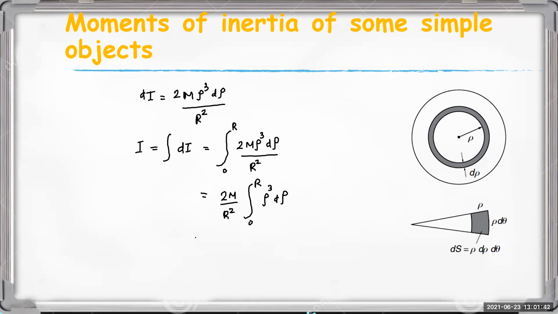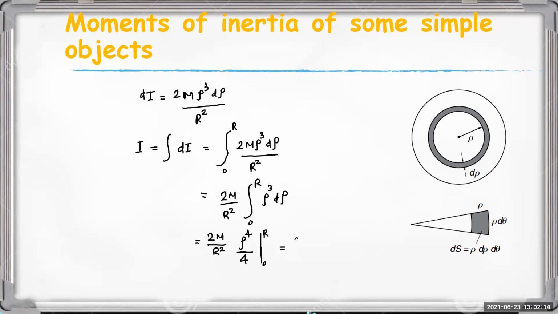So that is equal to 2m over R square. What is the integral of rho cube d rho? The variable is rho here. Then the integration result is rho raised to 4 divided by 4 in the limit 0 to R.